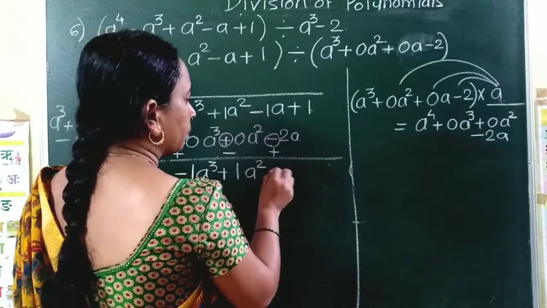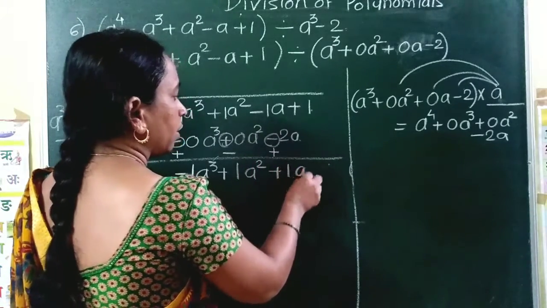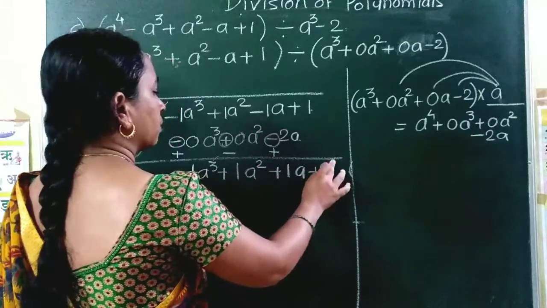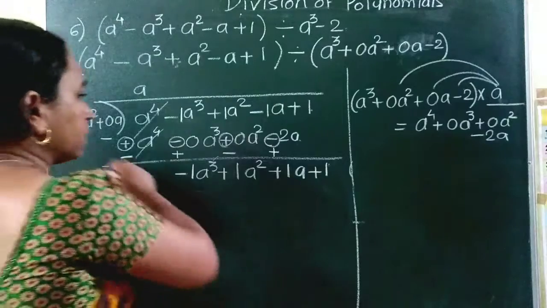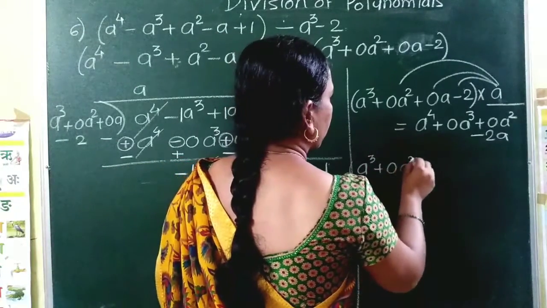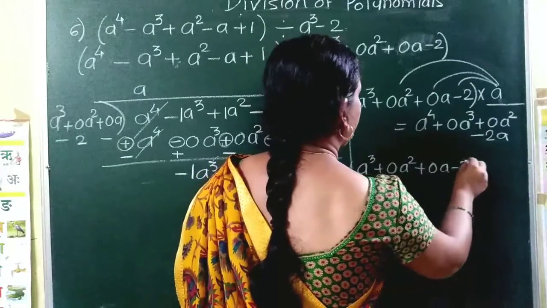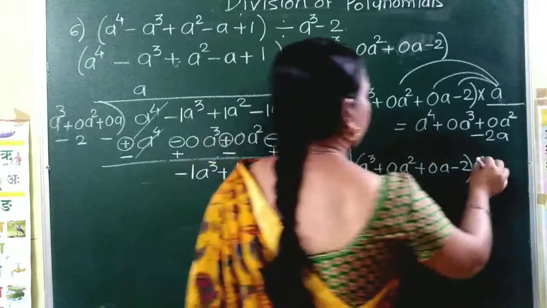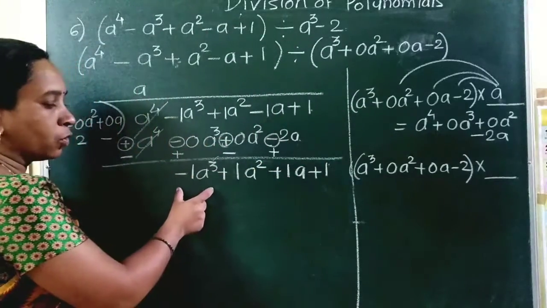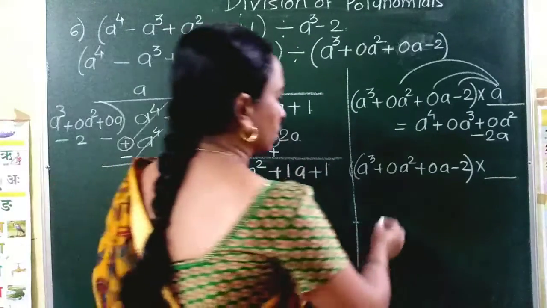Here we will get plus 1a, minus 1 plus 2, it would be plus 1 plus 1. Again we will take the divisor a cube plus 0a square plus 0a minus 2. Multiply the factor to get the first term, that is minus 1a cube.